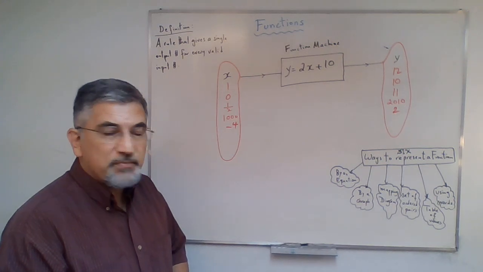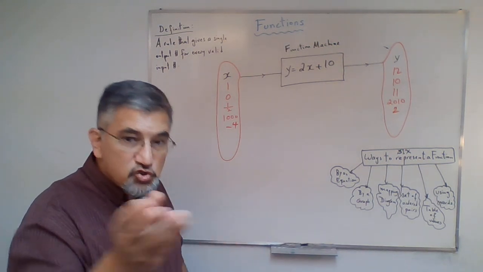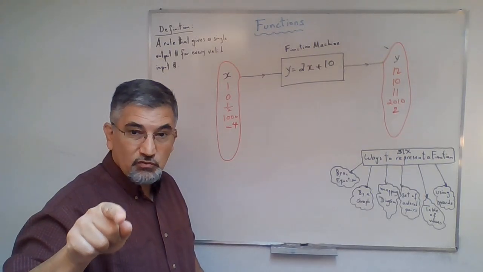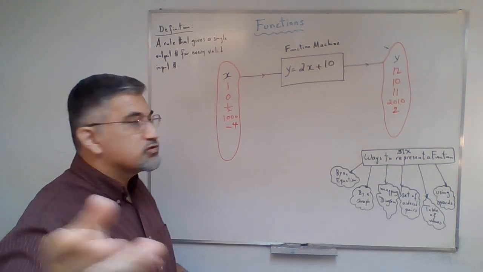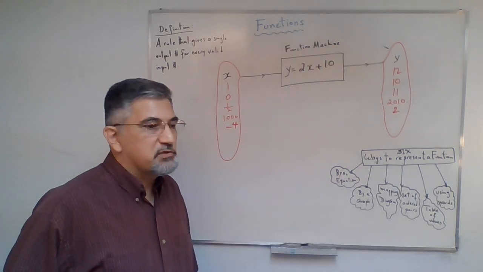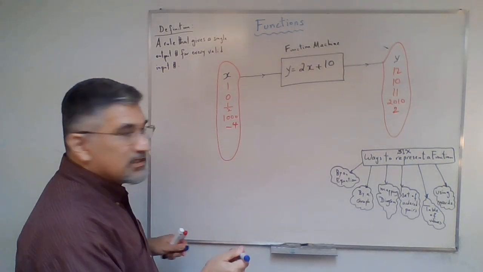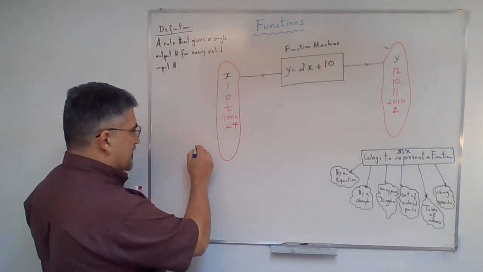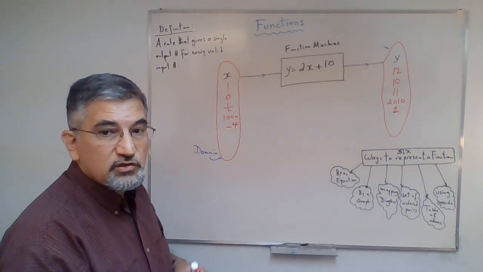In mathematics, there's a name. The set of input numbers that you select independently, nobody calculates anything. You can say, hey, I want to select x to be like 55 or 42, whatever. So you select, that is called domain. So domain is the set.